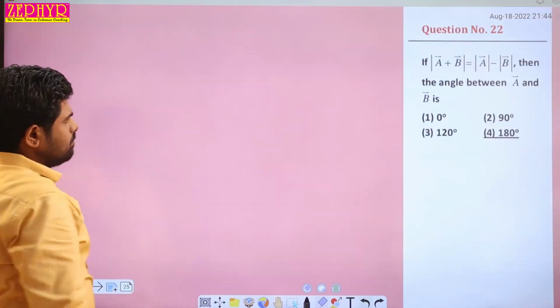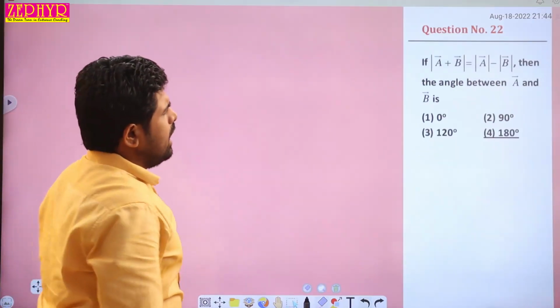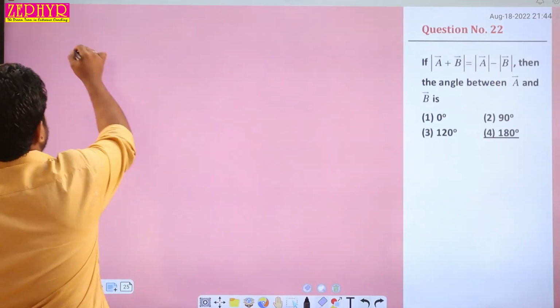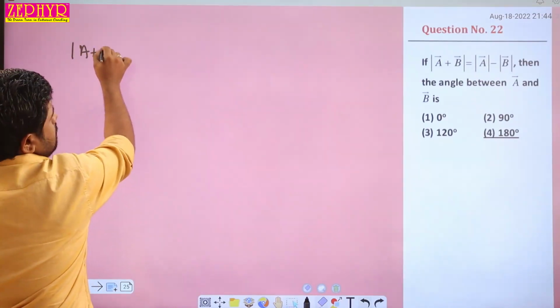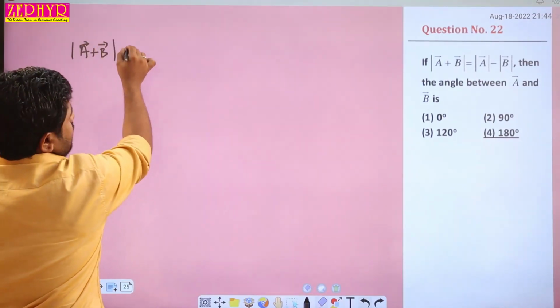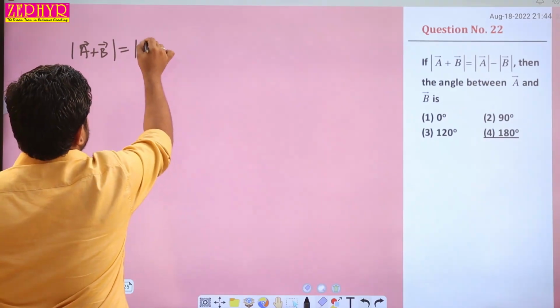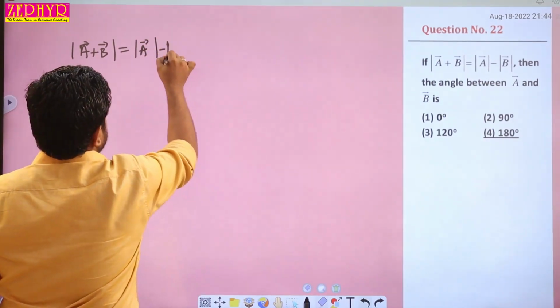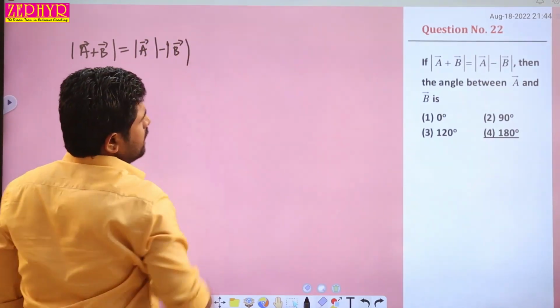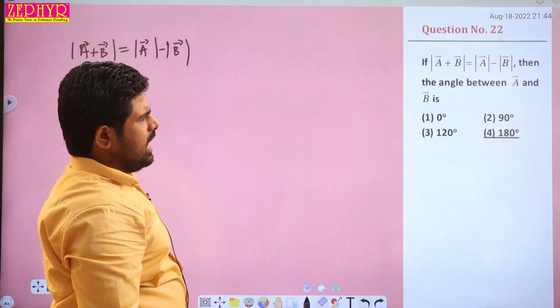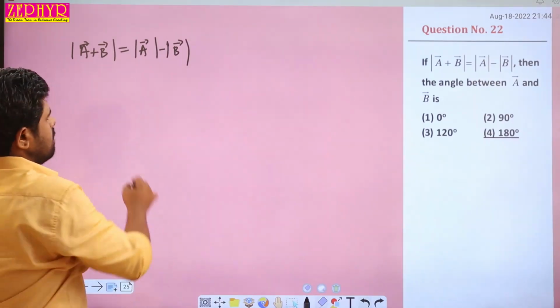Okay, then next question, if A vector plus B vector equal to magnitude of A vector minus magnitude of B vector, then the angle between A and B is. Okay.